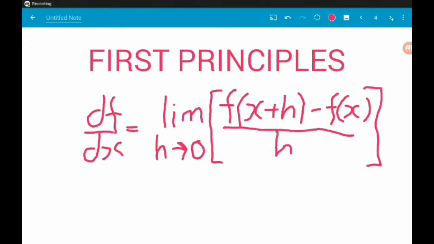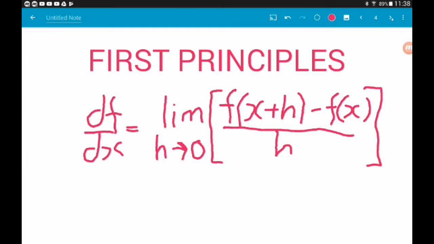Okay, so before we meet nice differentiation, we now need to know how to differentiate from first principles, which I actually think is quite nice. It's nice to know where these things come from, instead of just doing them without a reason behind it. So, when we're differentiating from first principles, we're going to meet this thing called a limit, and we're going to meet this guy.